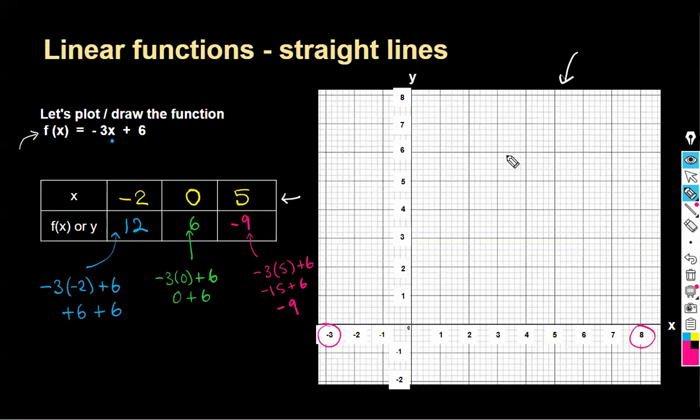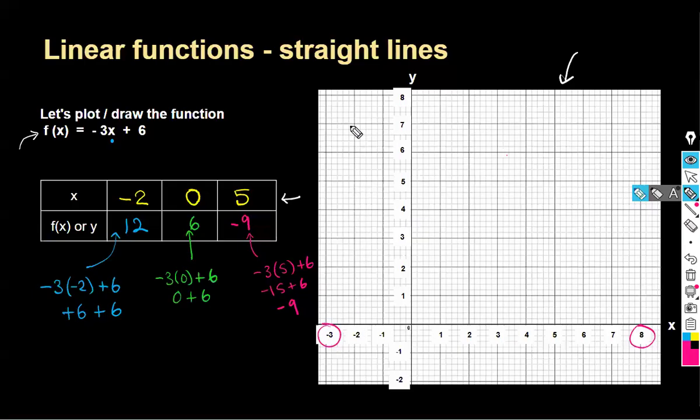Do you all see the problem here? Anybody? I mean, all my calculations are correct, right? Look at it. The first point, -2, 12.